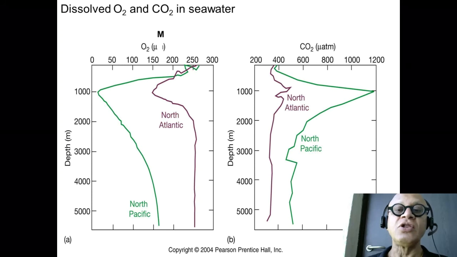Oxygen is low in the Pacific, but CO2 is high in the North Pacific. Nonetheless, the CO2 is low at the surface. There is atmospheric exchange, but CO2 is being consumed for photosynthesis, and all the heterotrophic respiration that's consuming the oxygen at 1 kilometer is releasing all the CO2, so you have maximum CO2 at about 1 kilometer. As you go deeper, CO2 decreases.